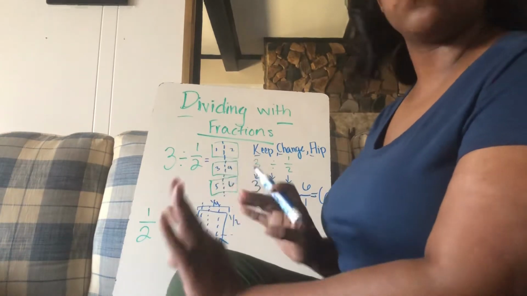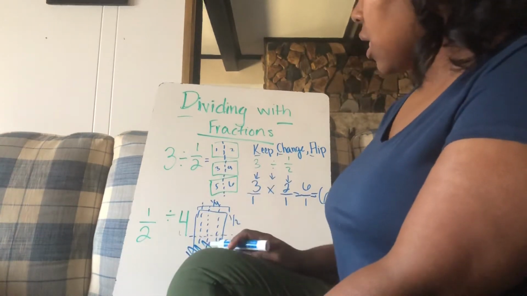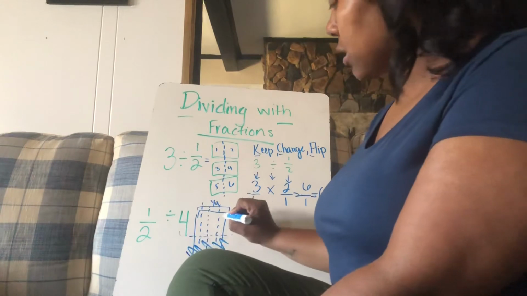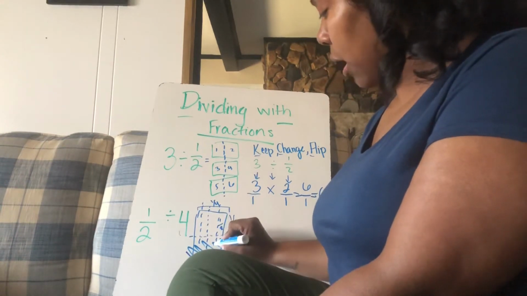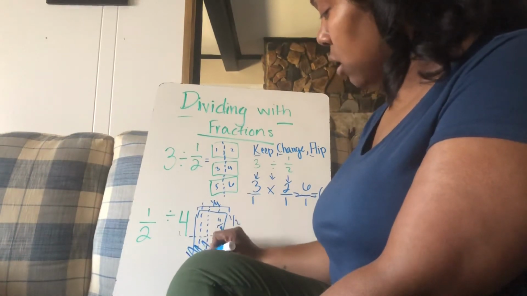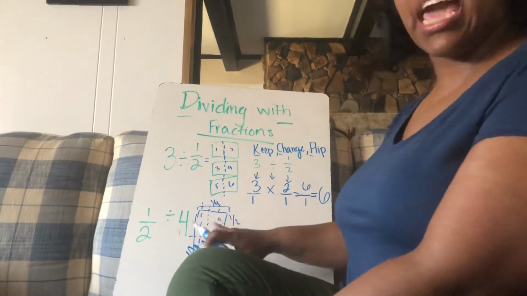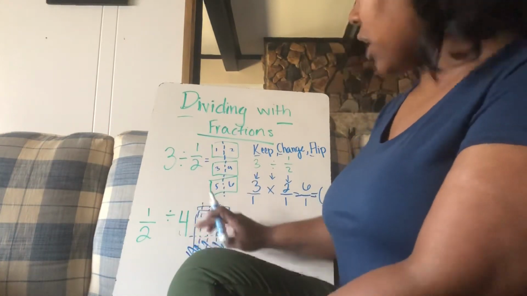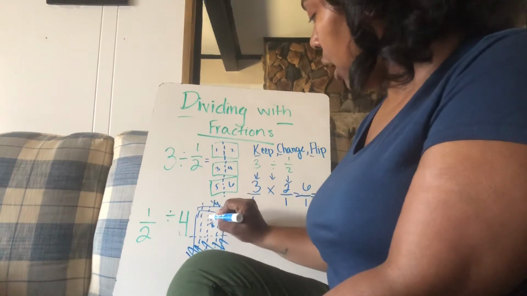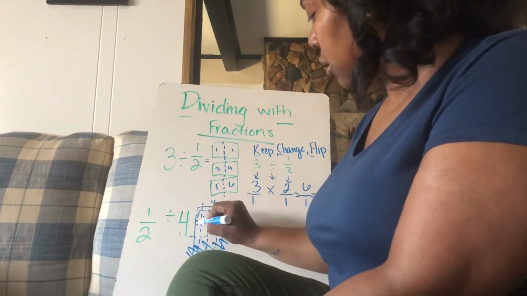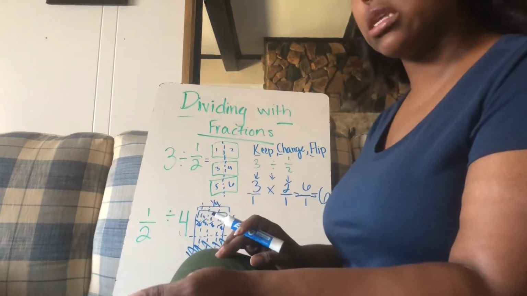And there's that keep, change, flip I'm going to show you in a minute, but if I cut halves into fourths, well, that's going to be 1/8, right? If these go all the way down, now the total number of pieces is 8 instead of 2. Now I have eighths. 1/8, 1/8, 1/8, 1/8. That's how big those pieces are.